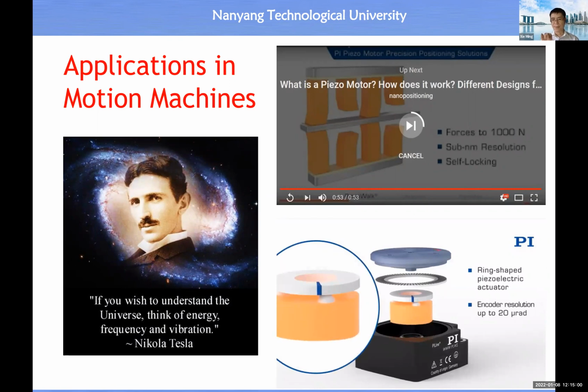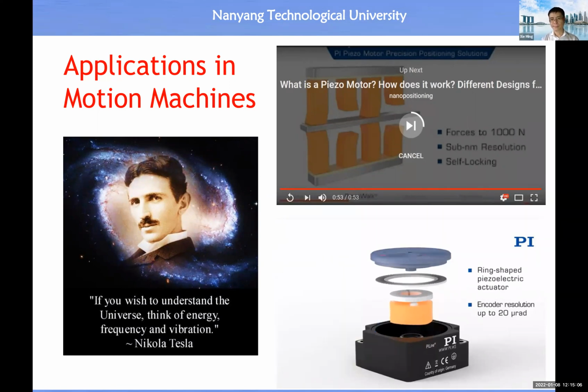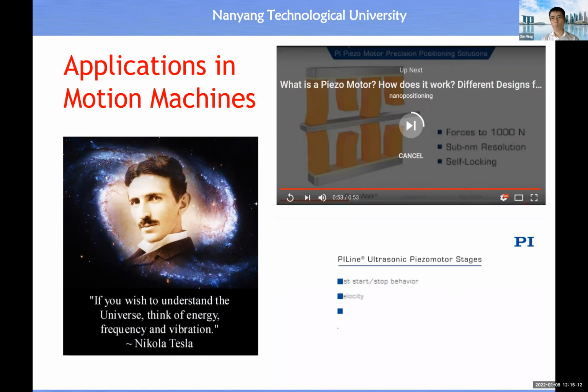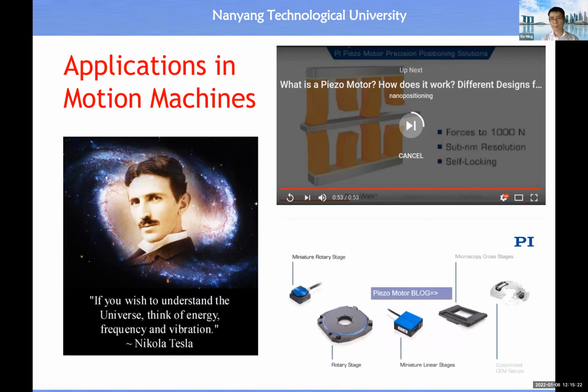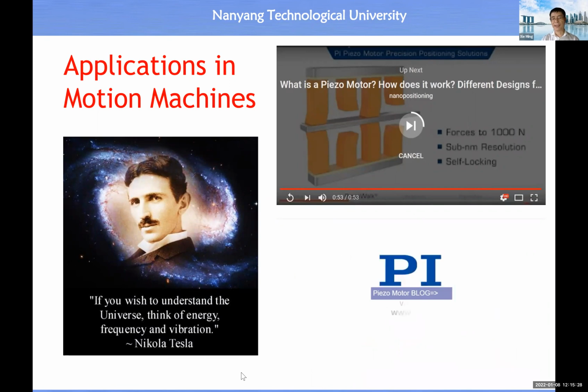So you see the vibration produces. Okay, so these are the examples, all right?